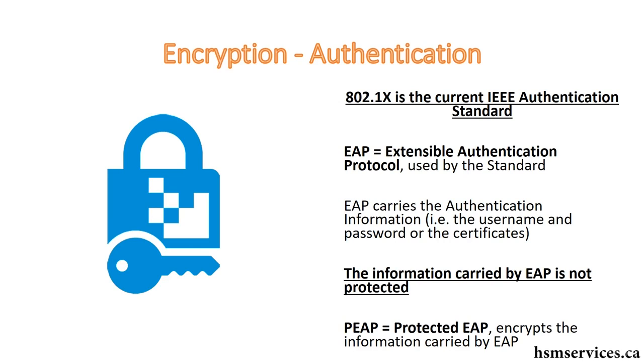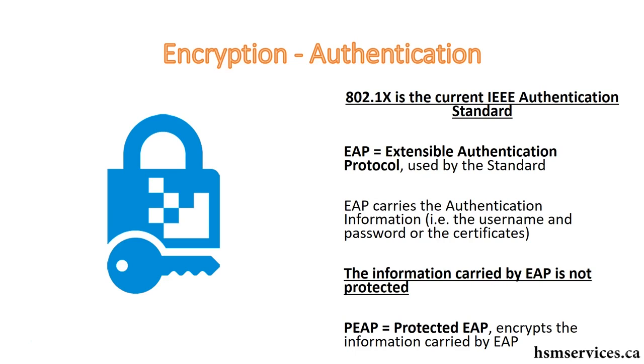EAP is not the authentication itself, it's just the carrier. It carries the data that the device uses to authenticate itself with the network. So if you're required to get on the network by entering your username and password or a certificate, then EAP is handling that information.